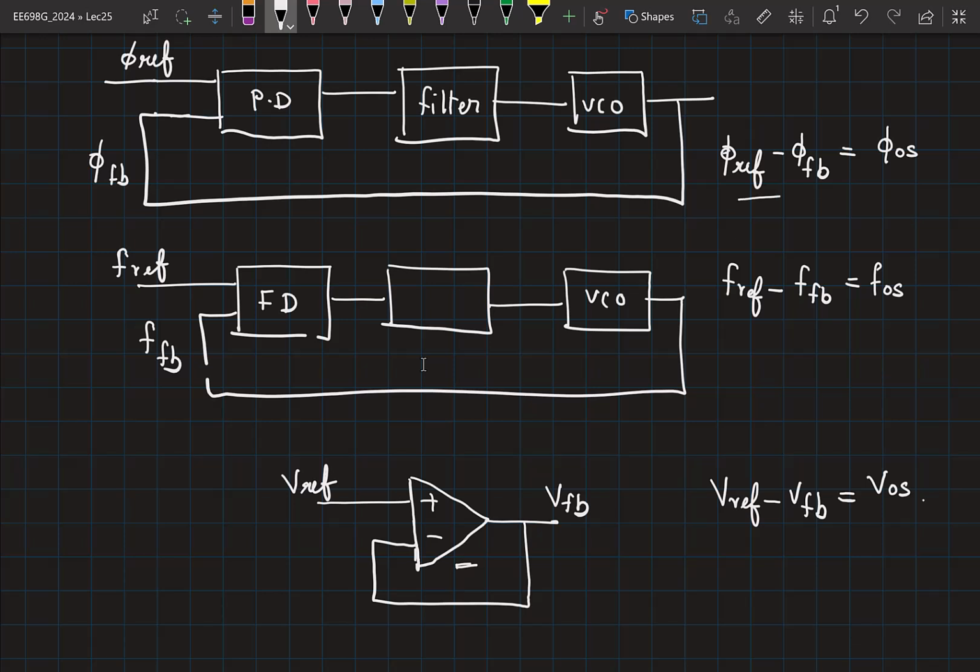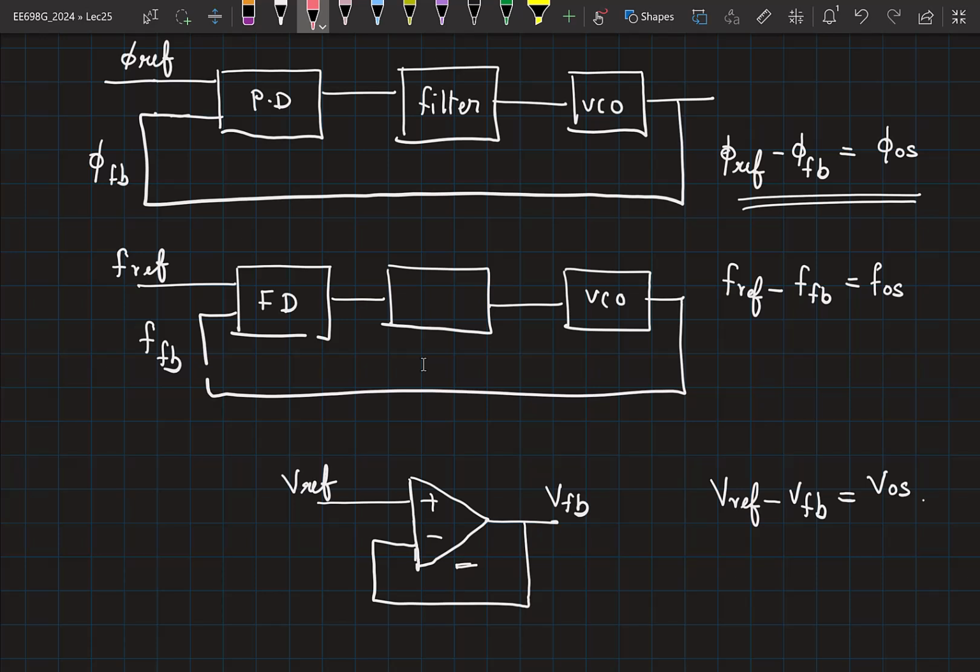So if you are locking phase, can you also tell me the frequency relationship? How do you go from phase to frequency? Differentiate, right? You take the derivative of the phase variable. Phase to the frequency variation.